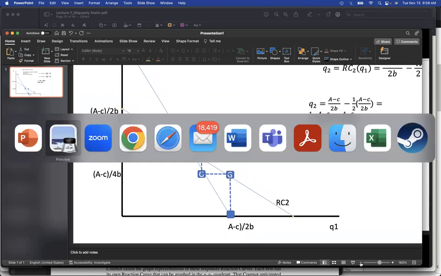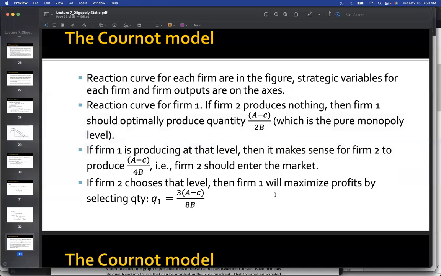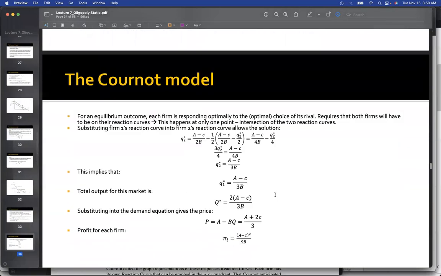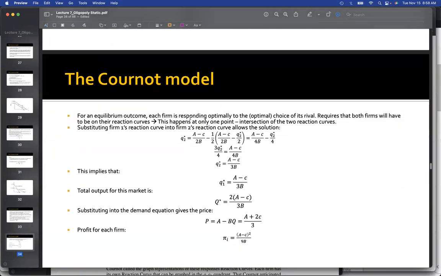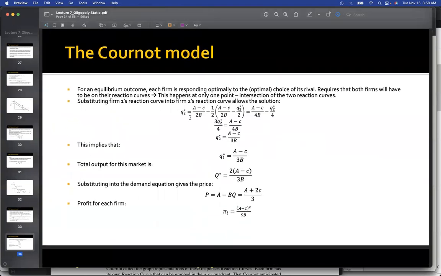It's that easy. In fact, we have it here for an equilibrium outcome. Each firm is responding optimally to the optimal choice. Requires that both firms will have to be on the reaction curves. This happens at only one point, which is the intersection.